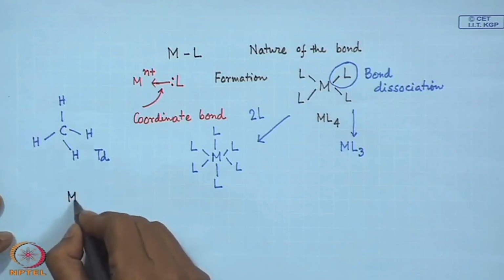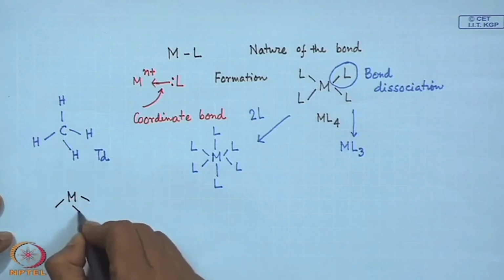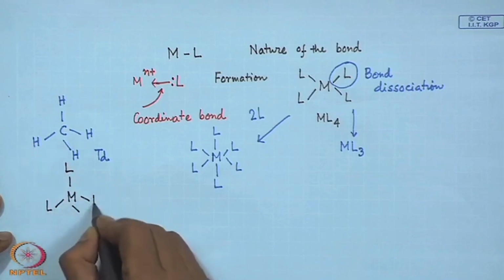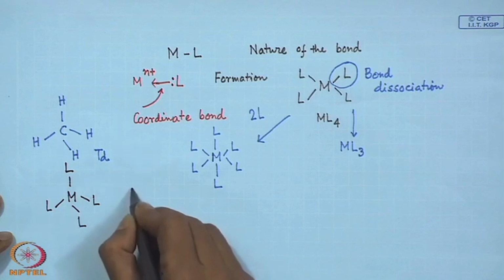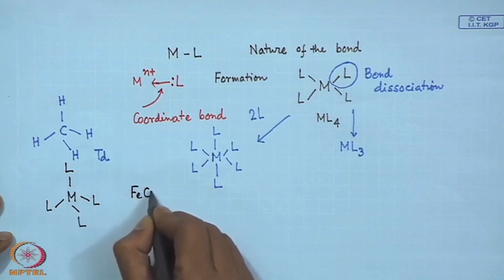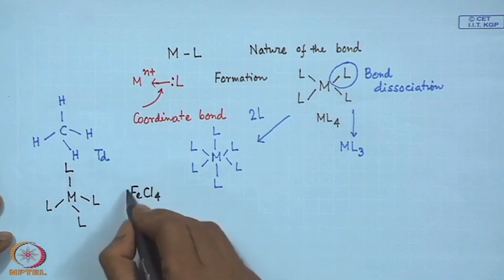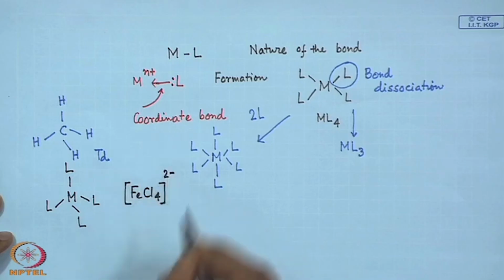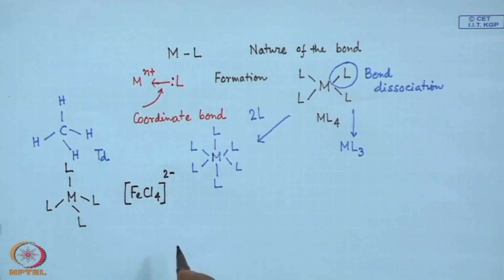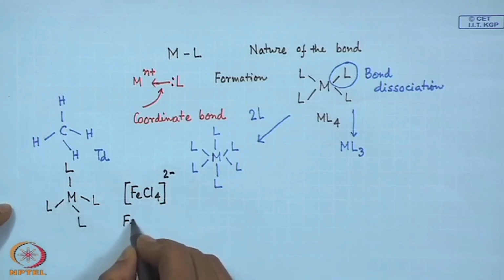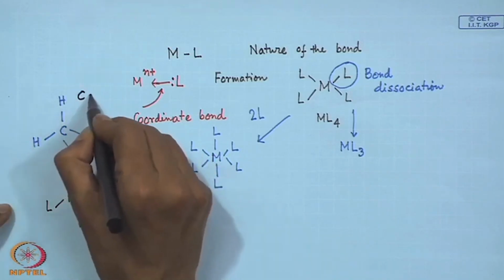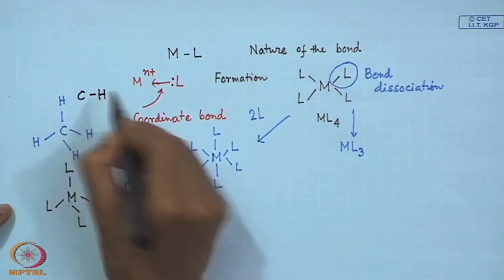Similarly, a metal can have the same type of geometry. We all know that this can be obtained in species like FeCl4 2 minus. So here also we have 4 such Fe-Cl bonds compared to 4 CH bonds.